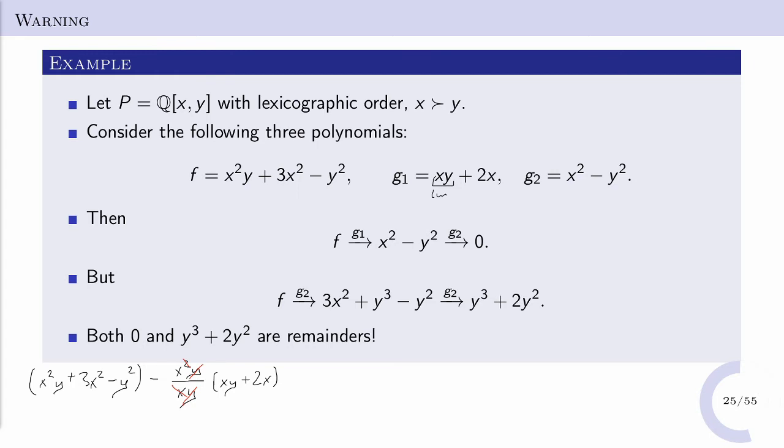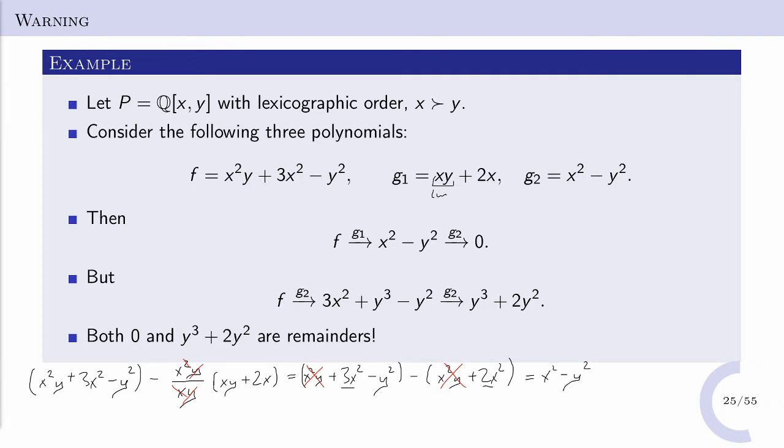And so what we have is x squared y plus 3x squared minus y squared, minus, and we have x here, so it will be x squared y plus 2x squared. Of course, these two guys cancel, and x squared is here and here, so what we have is x squared minus y squared.